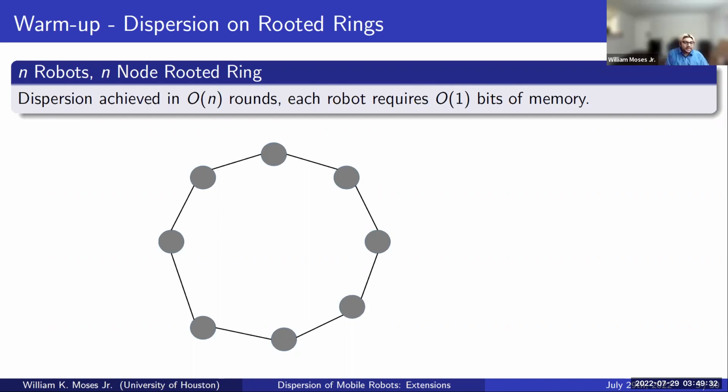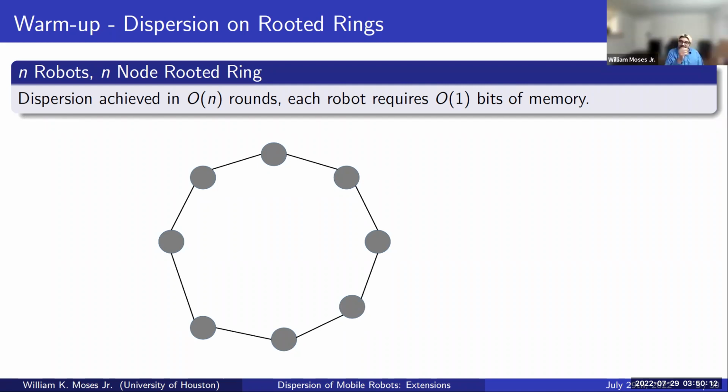And one very important thing to realize is this. Dispersion is all about having, if you have n robots, because it's a simplified setting, 1 robot per node. If 2 robots are on the same node, then in order for one robot to know the other has settled down, it needs to talk to that robot and say, hey, are you already settled down here? When that robot replies, yes, I am, then the other robot can keep moving along.